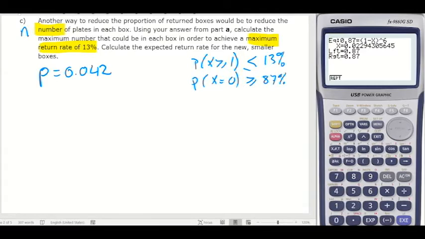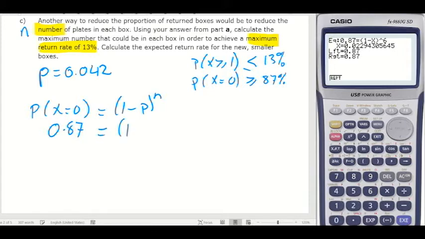Okay, so we use our formula. Probability x equals 0 is 1 minus p to the power of n, and we're going to put this in as 87%, and 1 minus the p value that we've got there, the chance of a single plate being broken, is 0.042, and that's to the power of n.